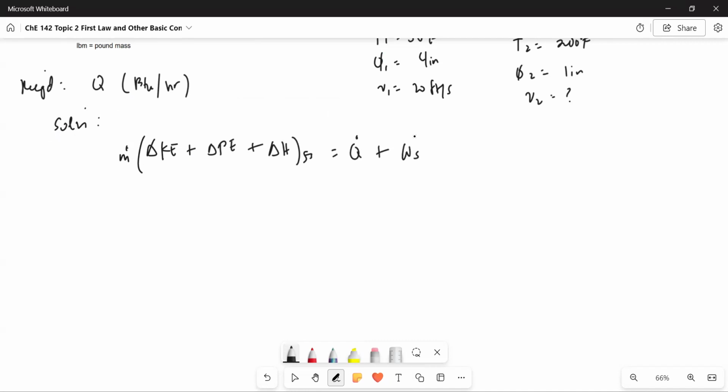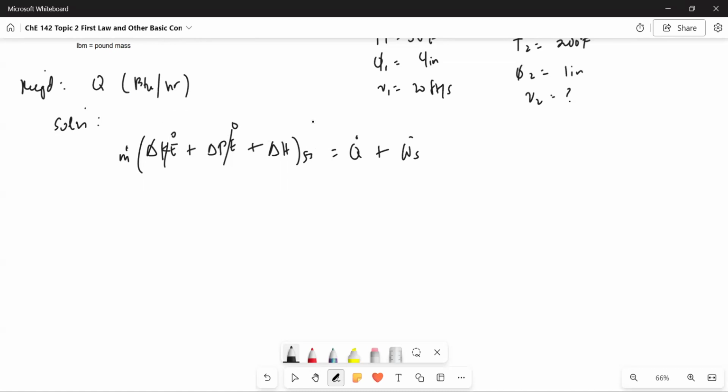Oops, there should not be a dot here. Okay, so we can assume these values to be 0. No information about that. So we're left with delta H equal to Q plus W.